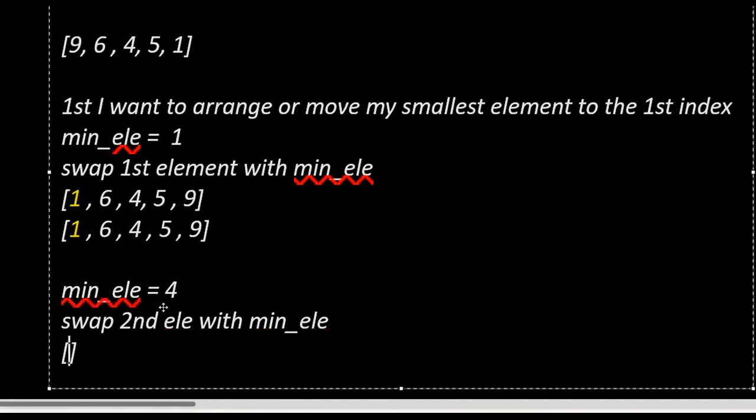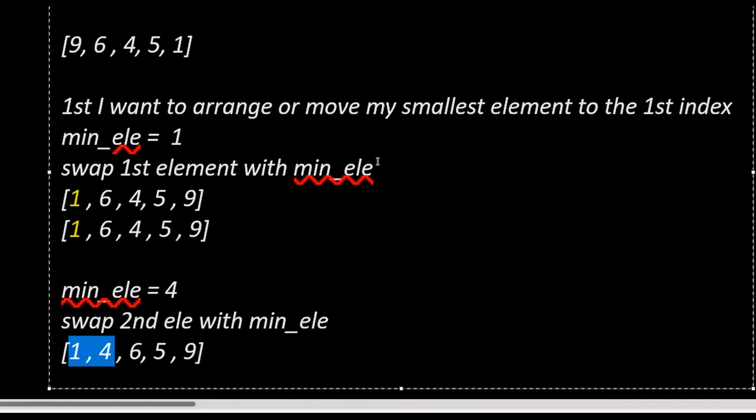Then my list will become 1, 4, 6, 5, 9. This is how my list will become after sorting the second element.